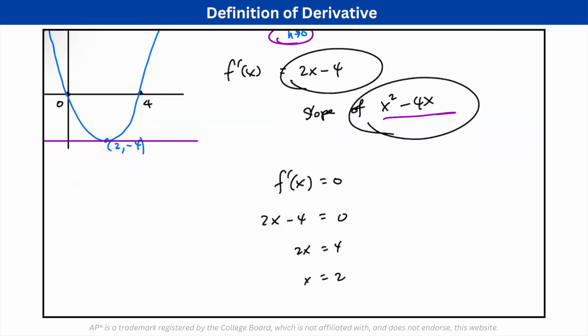And you say, oh, so where would the function have a point that has a 0 slope? Oh, x is equal to 2. But what's the point? Well, f of x equals x squared minus 4x, right? So put the x value back in here, get the y value.